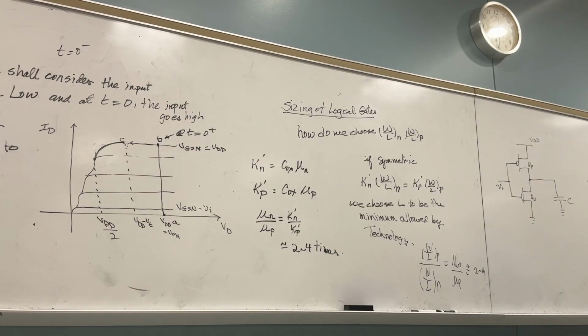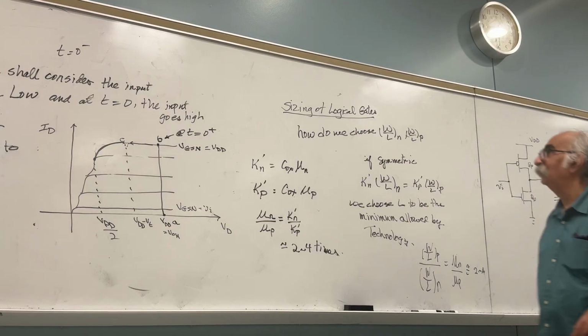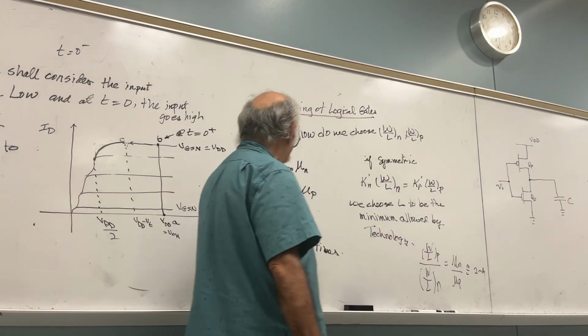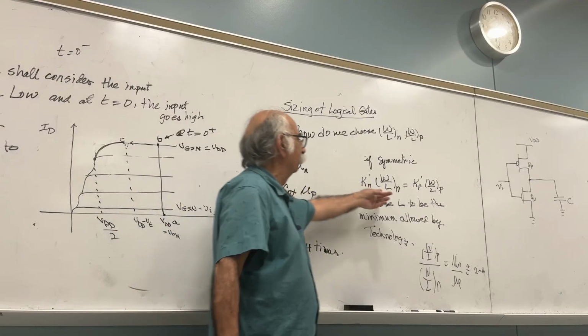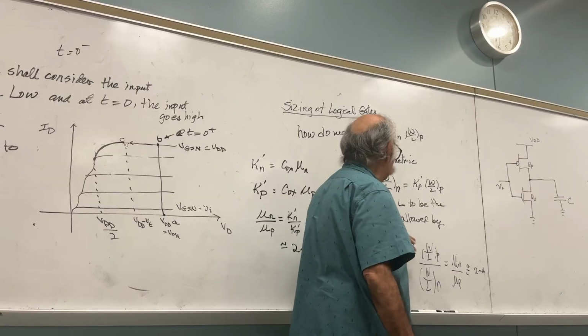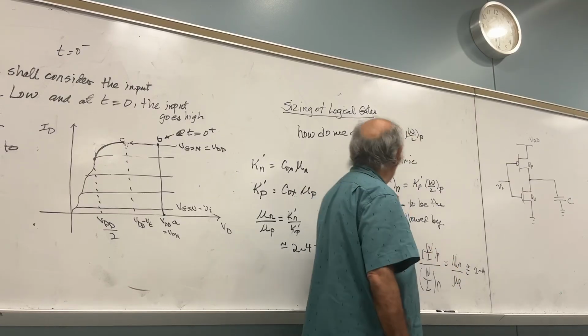Did you get it or not? Where did this come from? Tell me, where did this come from? Look at the equation here. What is omega n? Sorry, mu n over mu p.